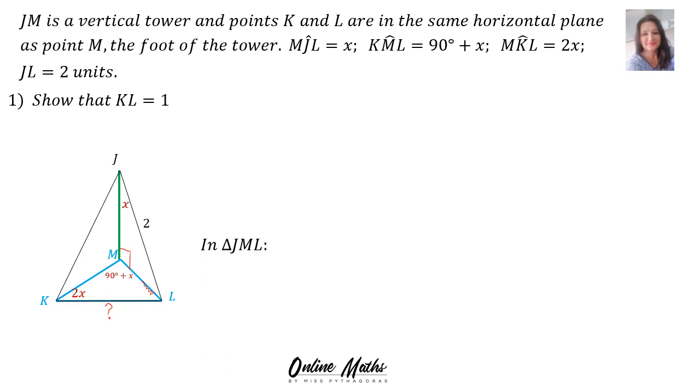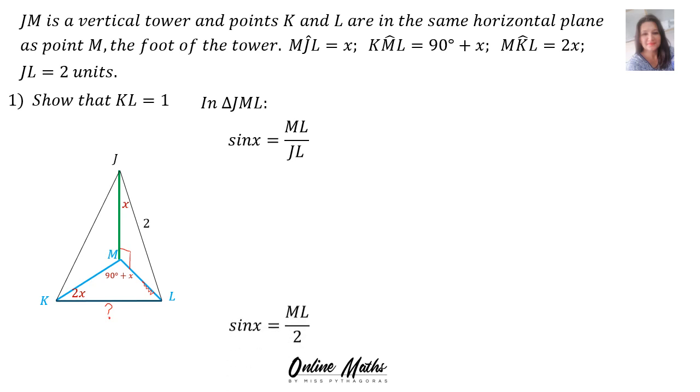So we will start in triangle JML. Remember, it's a right-angle triangle. So the ratio working for us here will be sin x, because that's the given angle. And sin's ratio is opposite over hypotenuse. In terms of angle x, so sin x, the opposite is side ML, the one you're looking for, over the hypotenuse, JL.